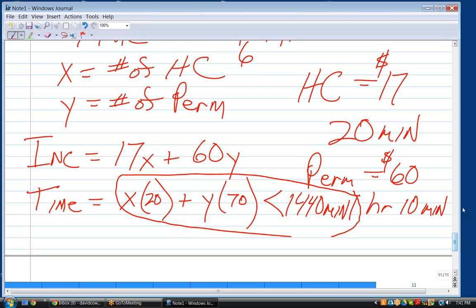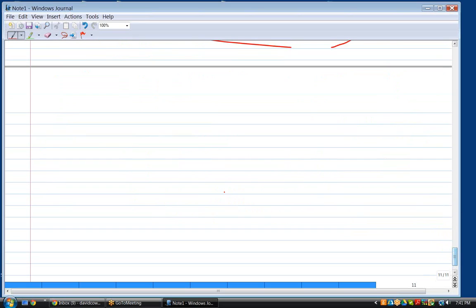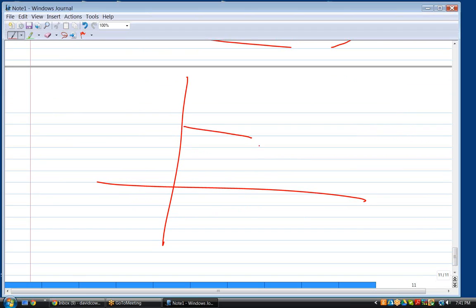Yeah, in other words, what you end up with here is a function perhaps that looks like this. You found all the points, and then this is your income, so you can examine each point to figure out which one produces the maximum income.